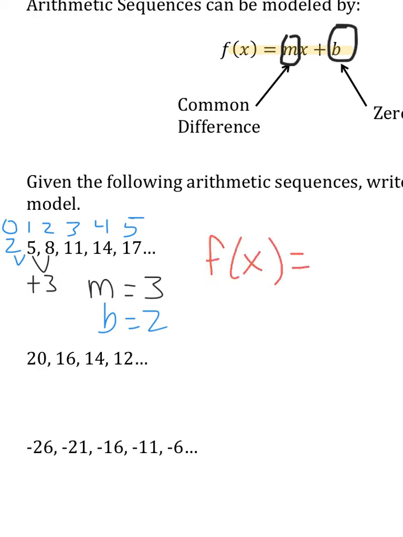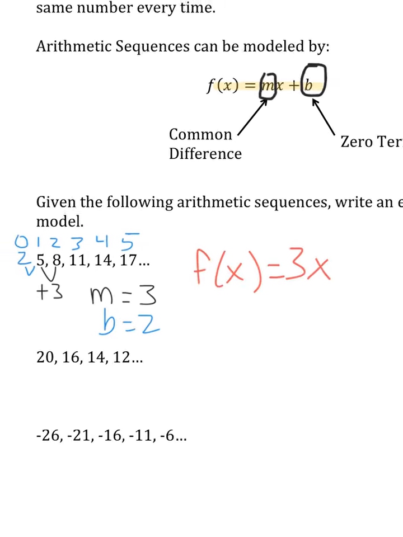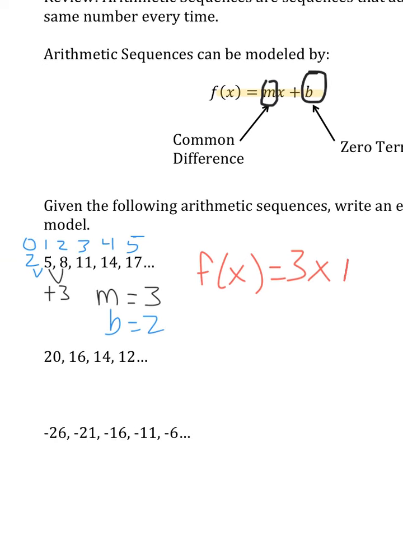We substitute in 3 for m because that's our common difference. We keep the x. And then we add 2 because that's our zero term. So this is going to be our function to model an arithmetic sequence.